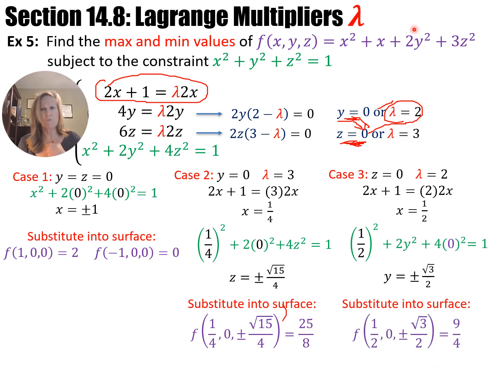And again, because I only have a y squared in the surface, I can plug in both. Oh, shoot, I didn't type that right, did I? The answer is right, but the plus or minus root 3 over 2 should be here, and the 0 should be here. Sorry about that. But I get 9/4 when I'm done. So again, these two things should be switched. You can tell I copy and pasted and then just replaced the wrong thing.